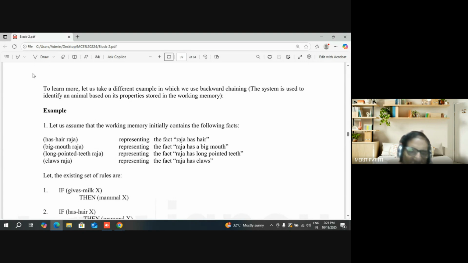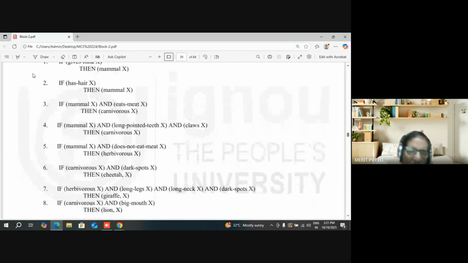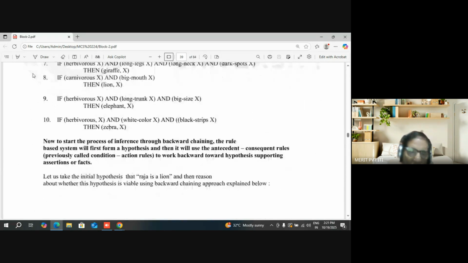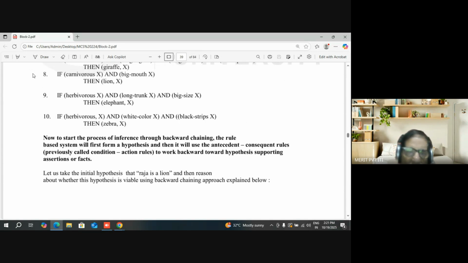So the existing set of rules says that it's a mammal and it is a cheetah. Cheetah है कुछ और है. Black stripes. Now to start the process, let's take the initiative: Radha is a lion, and then reason about whether this holds. So okay, Radha is lion.